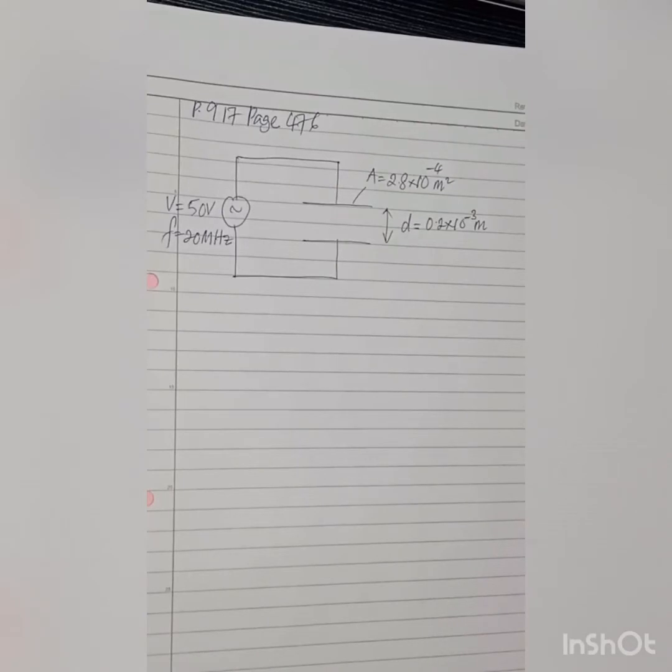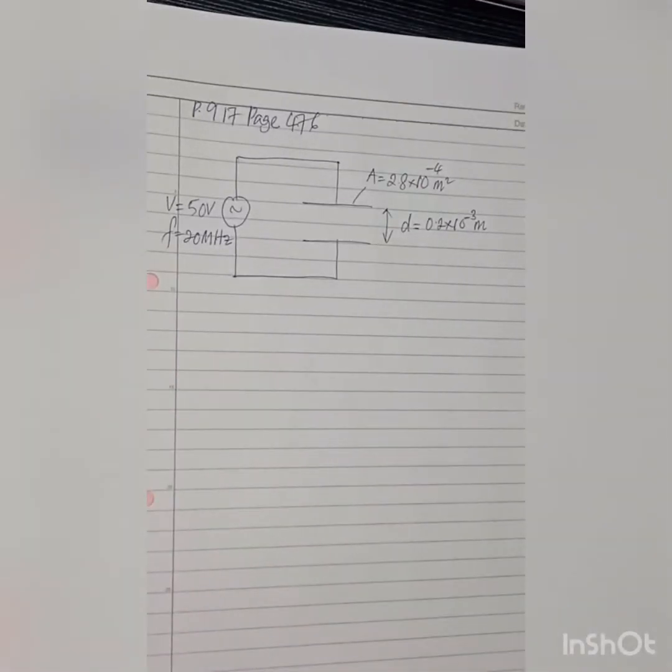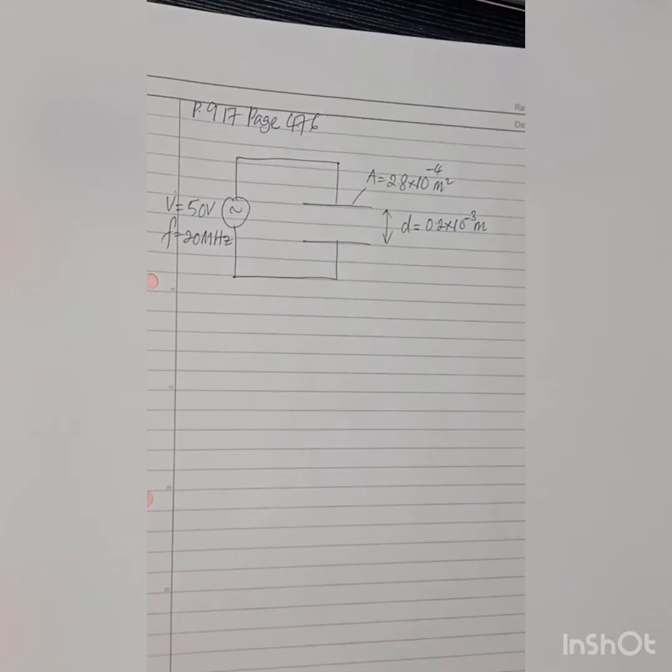0.2 millimeter. Okay, so now we are going to find the maximum value of displacement current density, the JD, as well as the displacement current, the ID. Since we have this information about the voltage generator, we can simply write the equation for the time varying voltage.